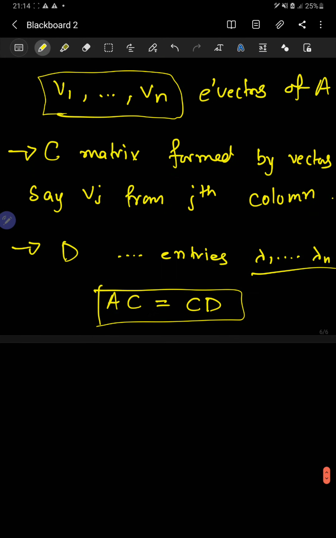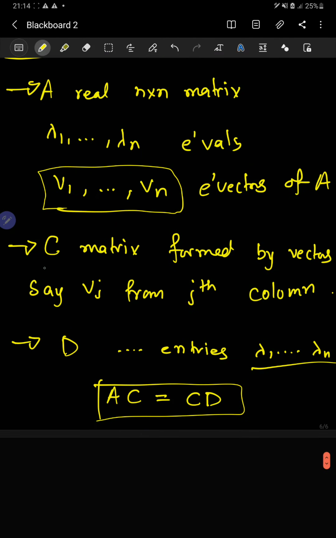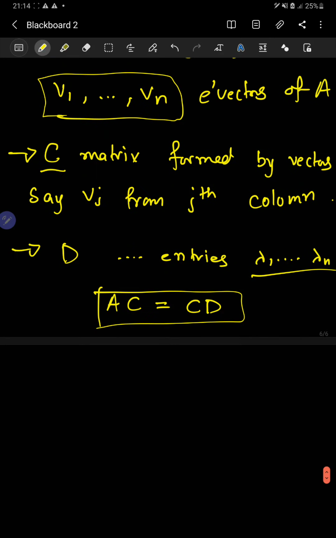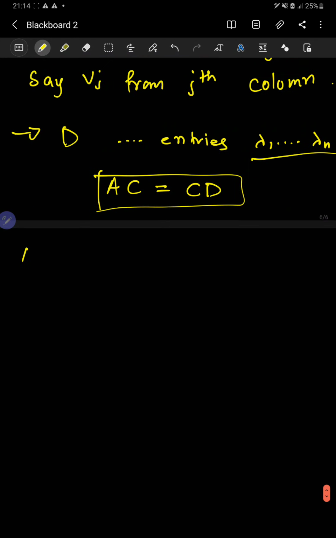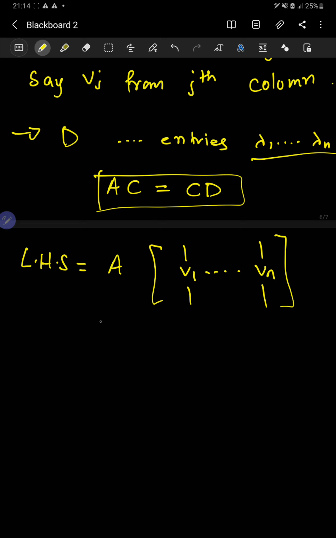If we have such criteria satisfied by these matrices, then we can write this equation. Let's see a small sketch of the proof, and we'll come back shortly to why this is relevant to our discussion. So let's say we have a matrix C with our eigenvectors.